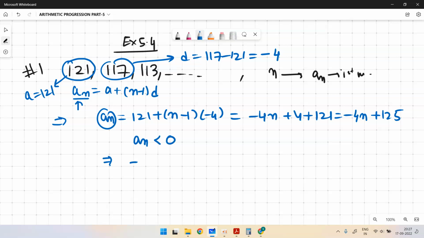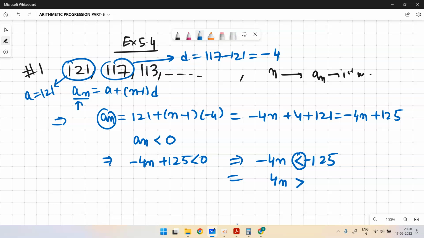This implies minus 4n plus 125 is less than 0, so minus 4n is less than minus 125. Cancelling the negative on both sides, we change the sign: 4n is greater than 125, so n is greater than 125 by 4.